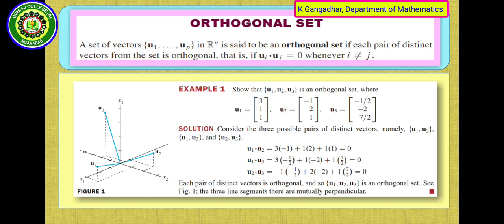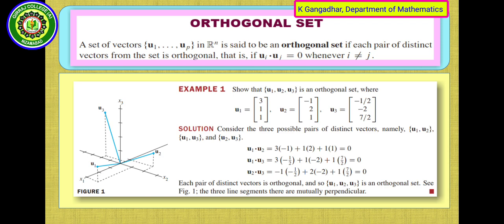That is, ui dot uj equals 0 whenever i is not equal to j. Two different vectors have inner product 0.